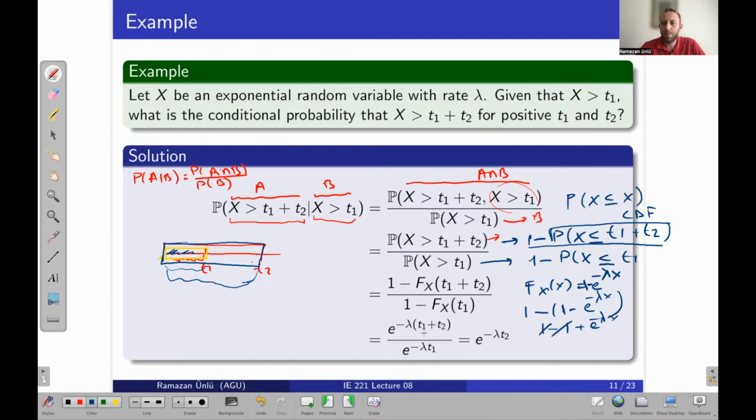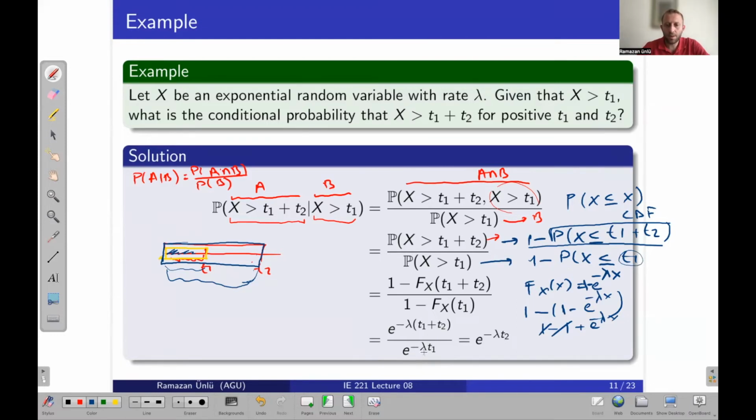For the numerator, my x is T1 plus T2, so that will be e to the minus lambda times (T1 plus T2), divided by e to the minus lambda T1, because for the denominator, my x is T1.